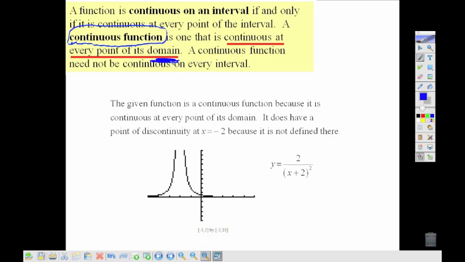So if the point's not in its domain, even though we have a discontinuity, the function itself is whole and complete. So as I'm tracing this function here and come to here, I get to the point -2, which is not in the domain. I have to lift my pencil and move over here to continue tracing this function. We're still going to say it's a continuous function because it's continuous at every point in its domain.